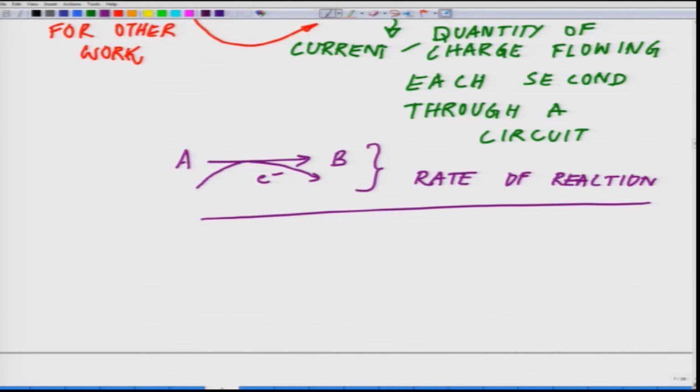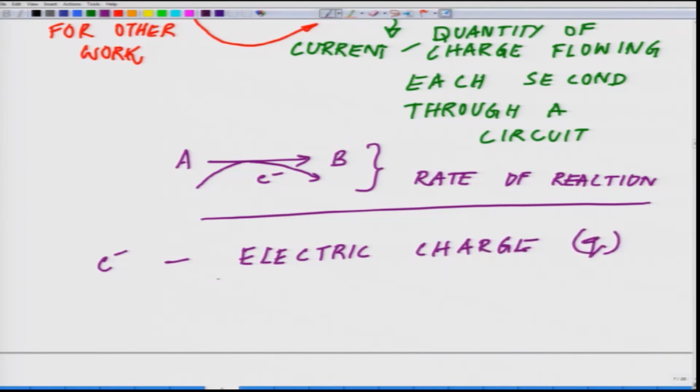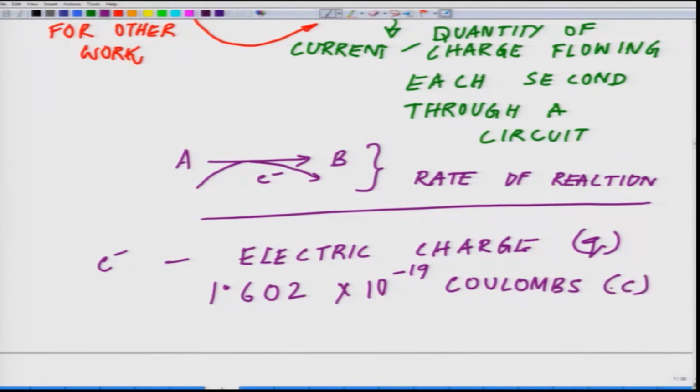Now, when we talk about an electron moving, it should have a certain amount of charge. The electric charge, which is represented by Q: the electric charge of an electron is 1.602 into 10 to the power minus 19 coulombs, represented by C. Okay.